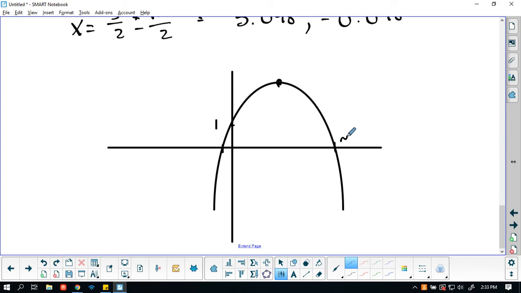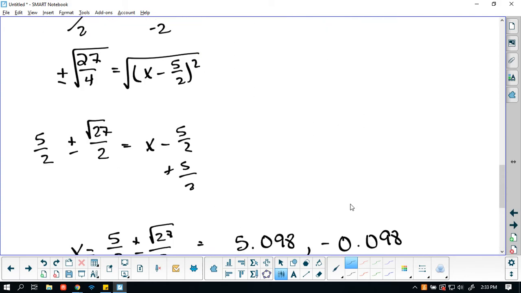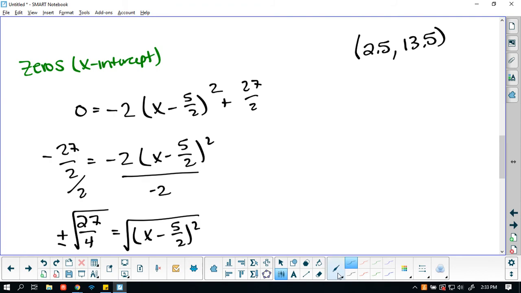This is roughly 5. This is roughly 1. And this opens downward. And I know that this opens downward because of the negative 2. The negative tells me that my arrows go down to the negative.